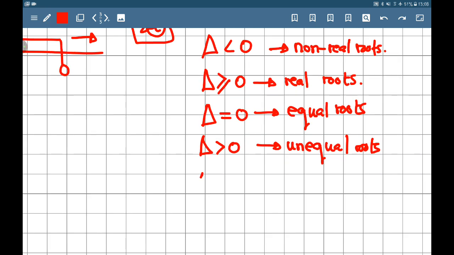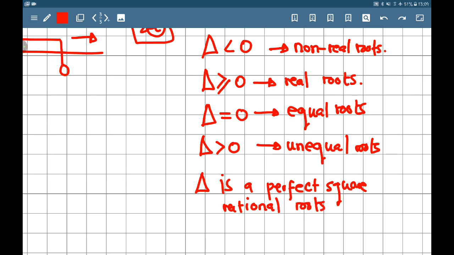And again, if delta is a perfect square, we are going to have rational roots. So there are 5 conditions that we're going to follow to determine the roots of any solution.